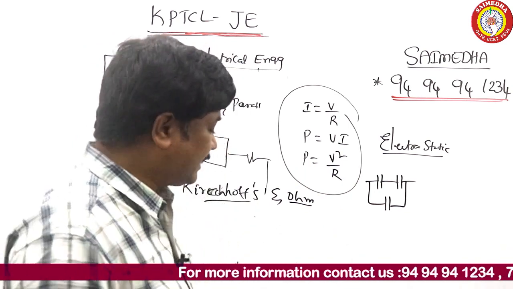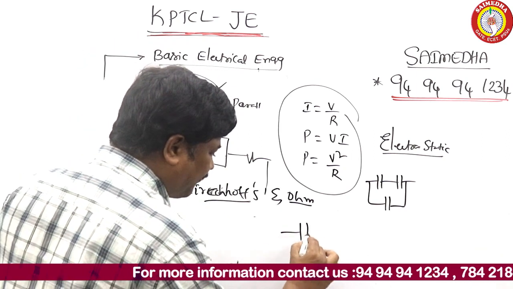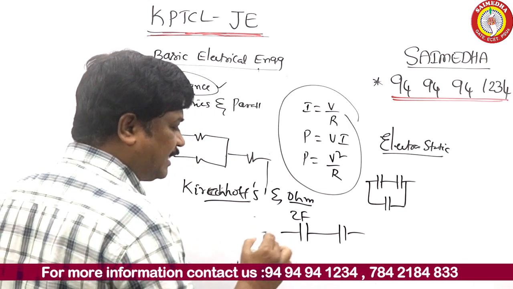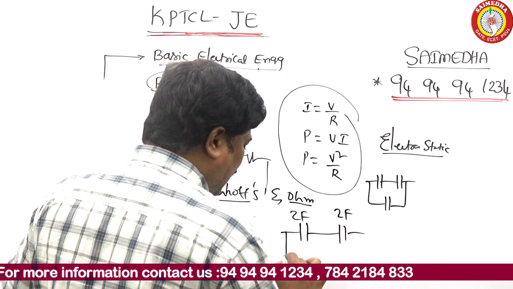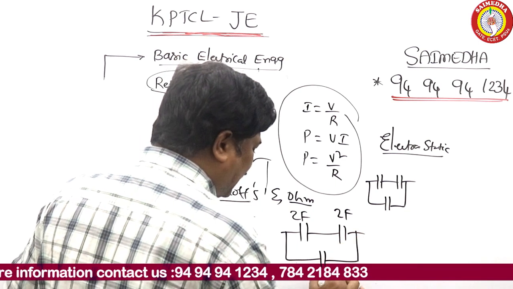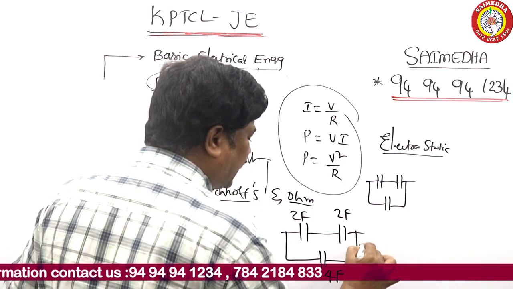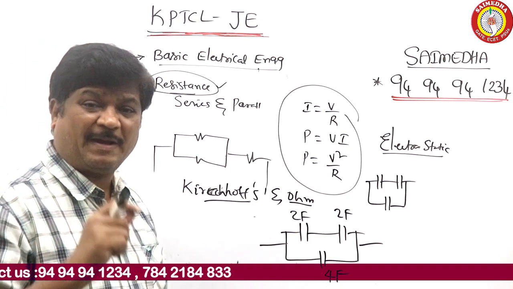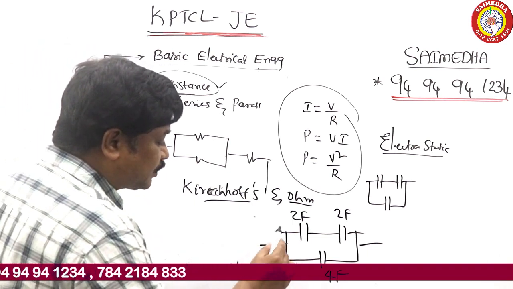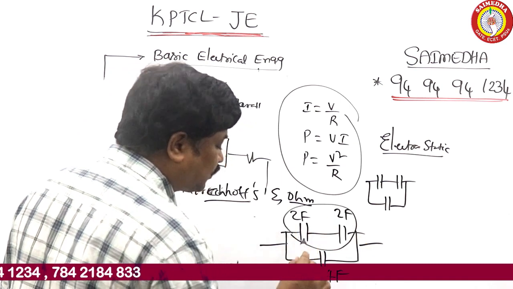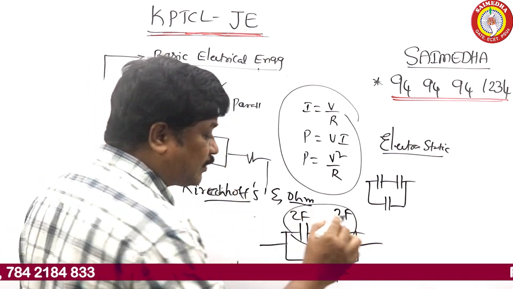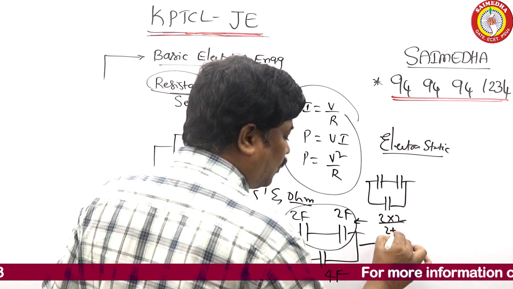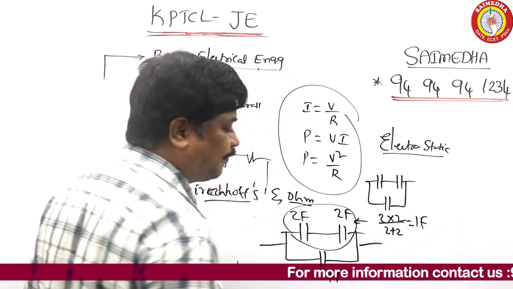Have you got it? For example, they will give 2 farads here, 2 farads here, and they provide 4 farads here, something like that. What is the total capacitance between the two? They will ask you. How to calculate the capacitance? Because these two are connected in series, the total capacitance is 2 into 2 by 2 plus 2, that is equal to 1 farad.